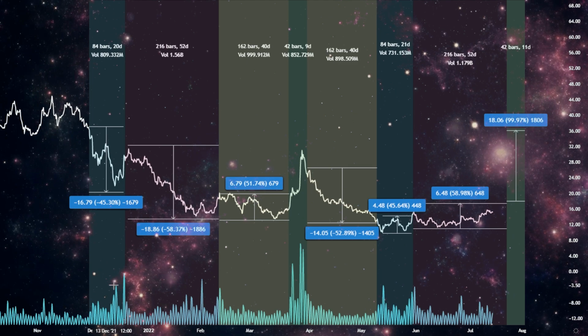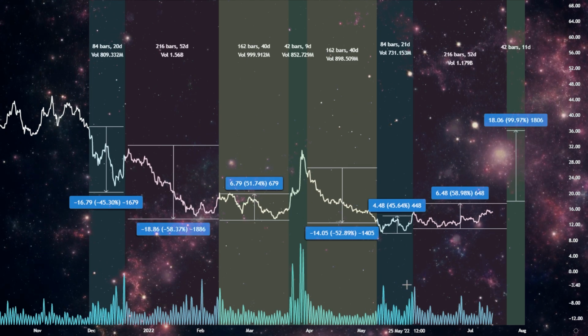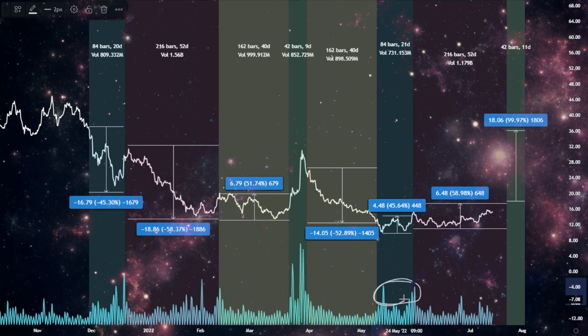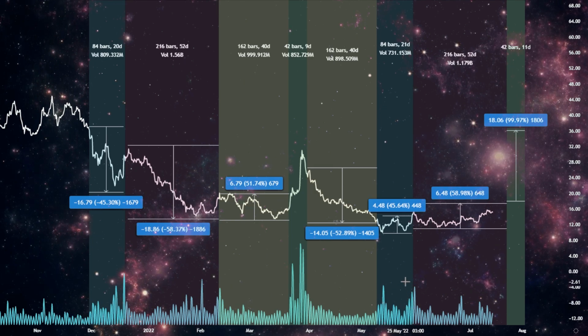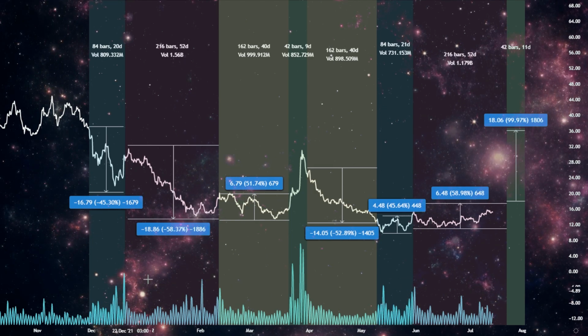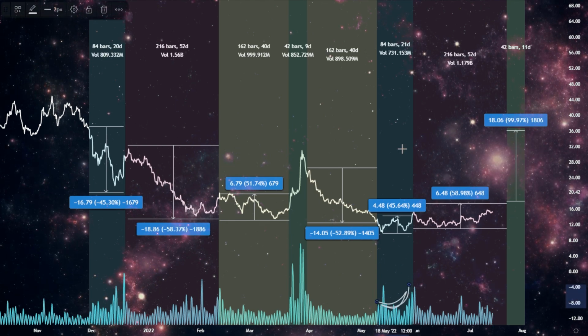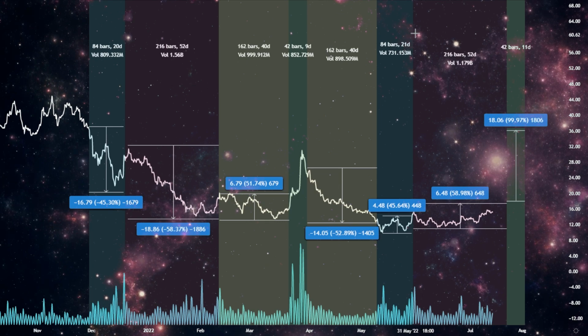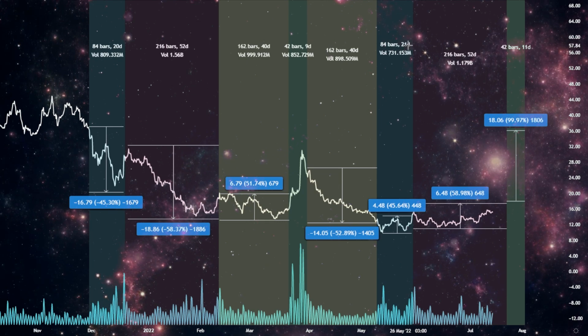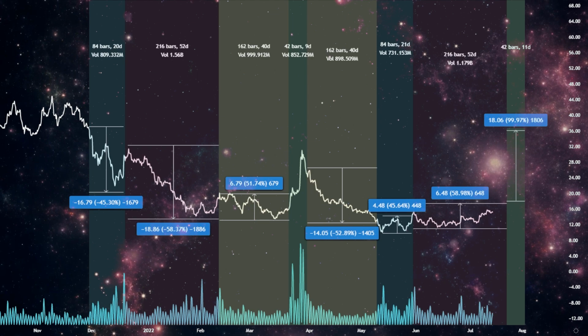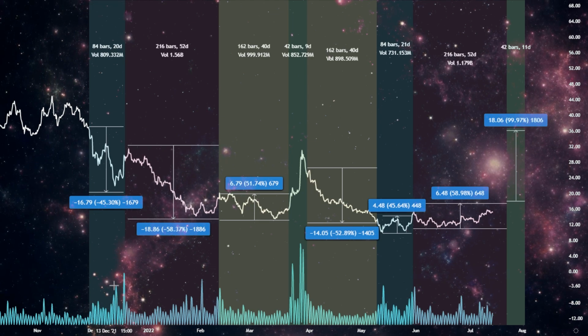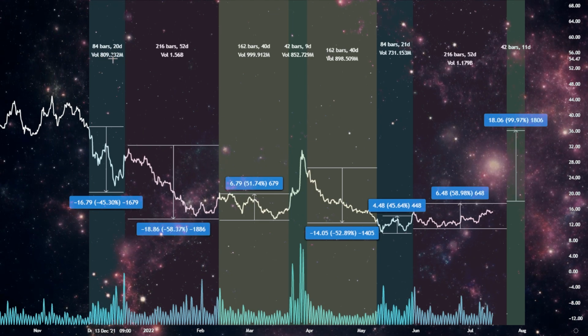You can see right here with volume how these volatility spikes, so heavy volume coming in, relate to each other on these sections. The blue section behaves very similarly to the next blue section back here in May. May of 2022 is very similar in volume to December of 2021.